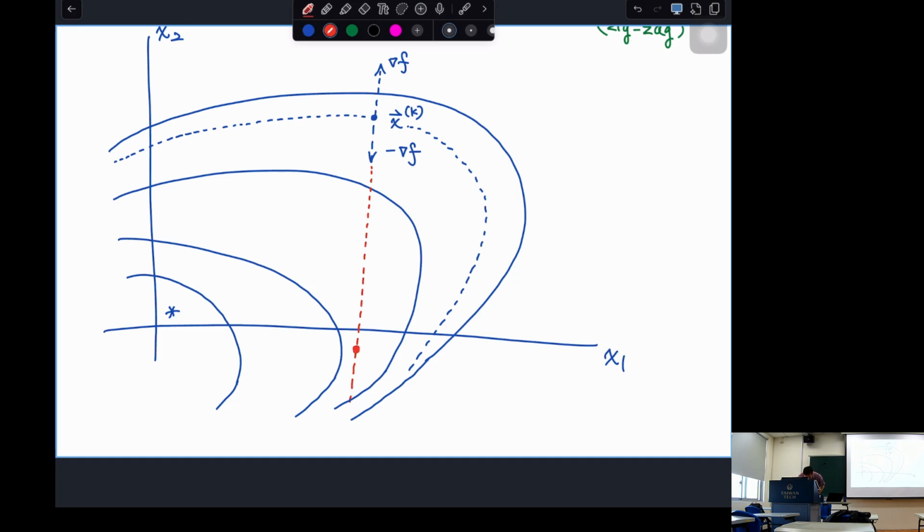Probably here. So this is your xk plus 1. So why is it there? Because if you try to draw the contour that is tangent to this red line, it's going to be like this.